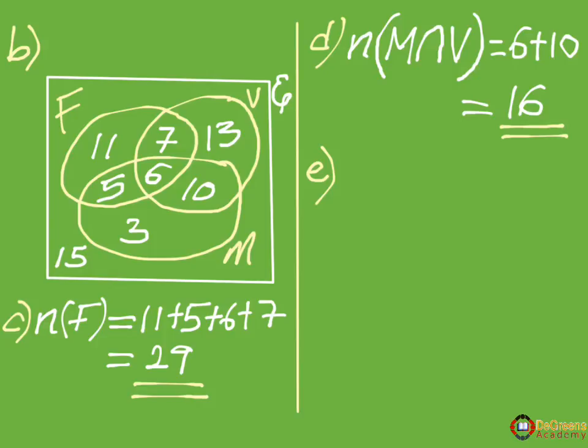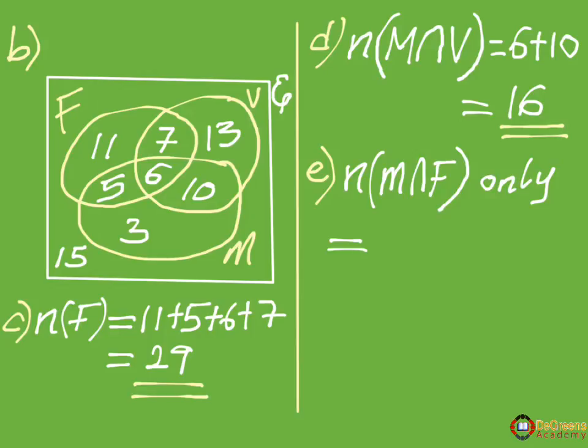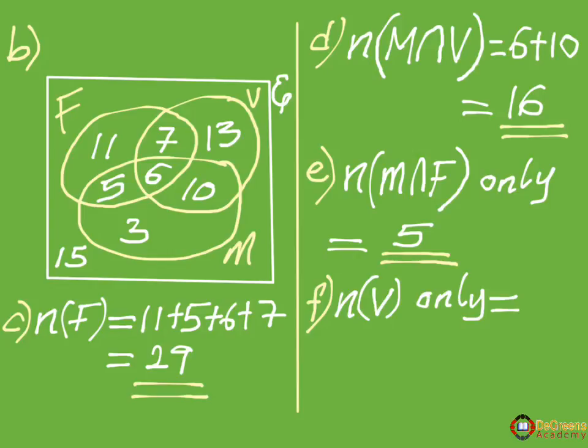So meat and fish only means you ate meat and fish without eating another thing. So the cardinal number of meat and fish only will be equal to 5. And F, the number of times the patient ate vegetables only. That is the same as the cardinal number of V only. So it is equal to 13, following the Venn diagram.